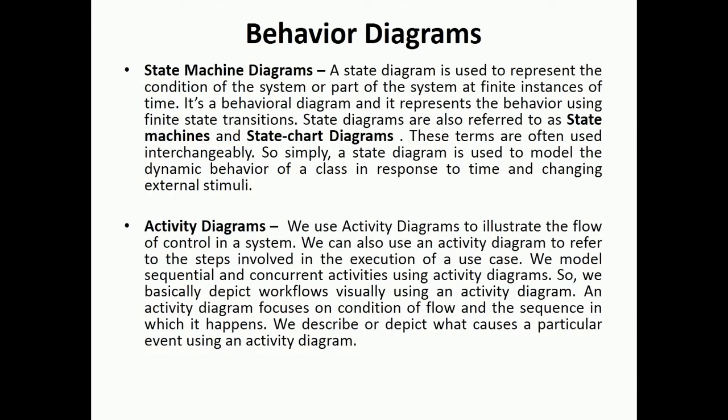Now the behavior diagrams. If we talk about the behavior diagrams, there are state machine diagrams and activity diagrams. A state machine diagram is used to represent the condition of the system or part of the system at finite instances of time, its behavior.